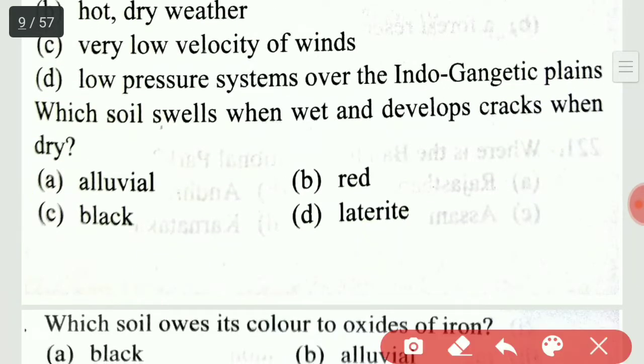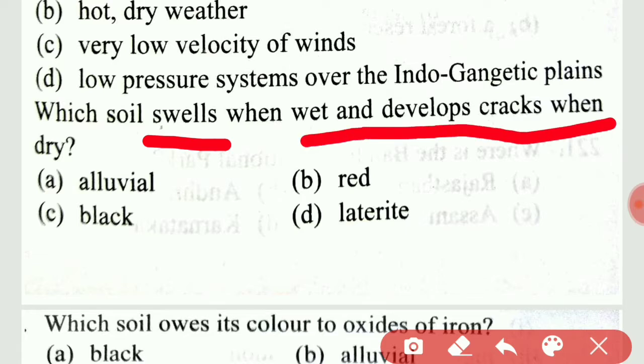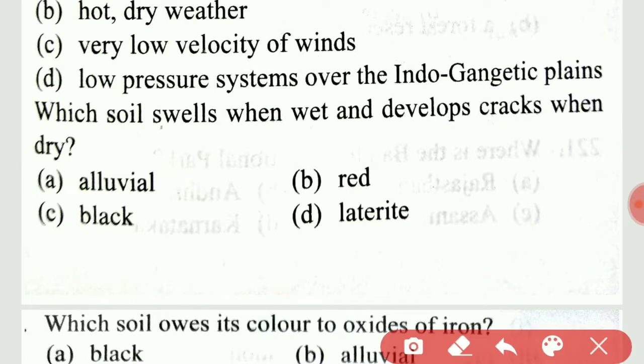Next, which soil swells when wet and develops cracks when dry? Very common question. Right option is option C, black soil.